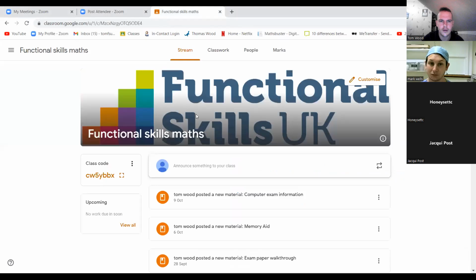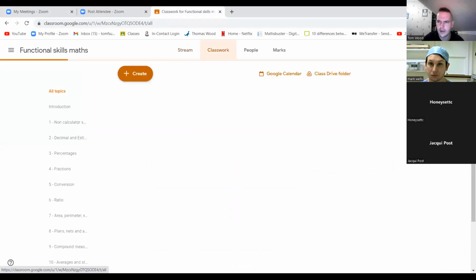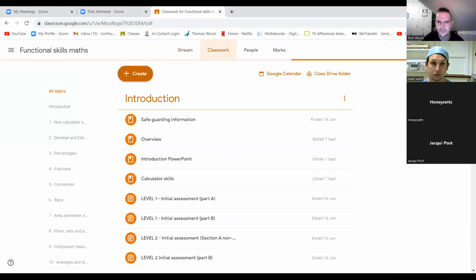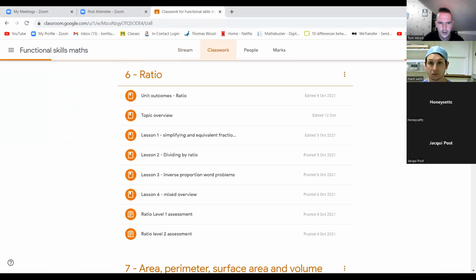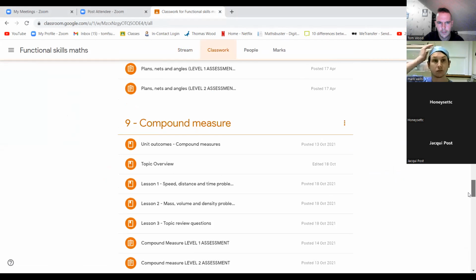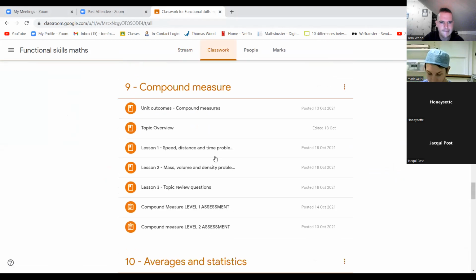So hopefully, can you all see the classroom now? Yes. Okay. Cool. Let me just find the assessment then. Okay, and it is on this assessment here.